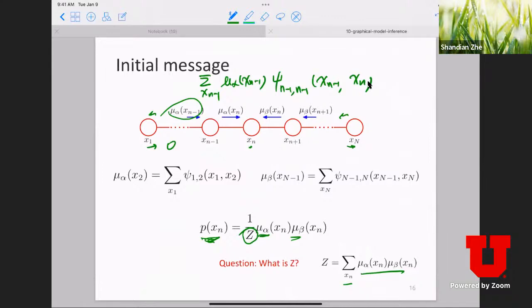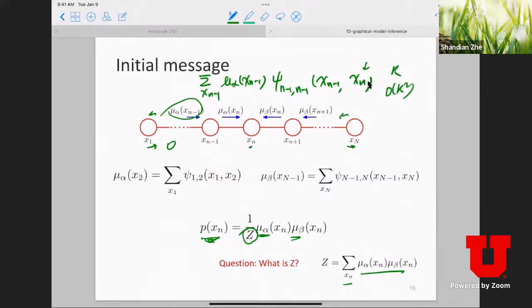For one particular xn, it will take k operations. If you enumerate all possible values of xn, it takes k squared. Then you finish the computation of the next message.